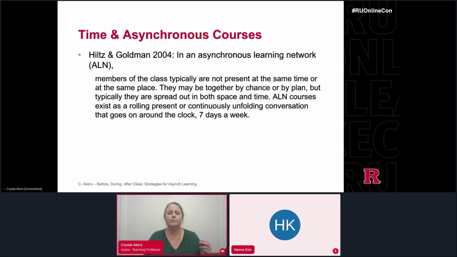These are networks in which members of the class typically are not present at the same time or at the same place. They may be together by chance or by plan, but typically they are spread out in both space and time. ALN courses exist as a rolling present or continuously unfolding conversation that goes on around the clock 7 days a week.